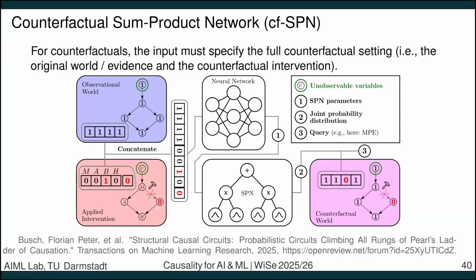So maybe all the variables were observed to be all ones. And then we have this interventional view where we intervene on the variable B. And in addition to telling the network that we intervened on that variable, we also tell it which value we set that variable to.